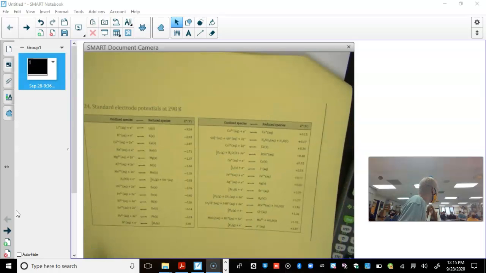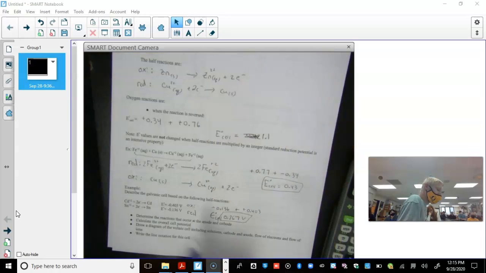Oxidation is the opposite. Since we know this is reduction, if we're saying it's the oxidation version, then we have to flip the sign. The other one's given in the reduction form, so we're going to assume the other one's the oxidation. Exactly.